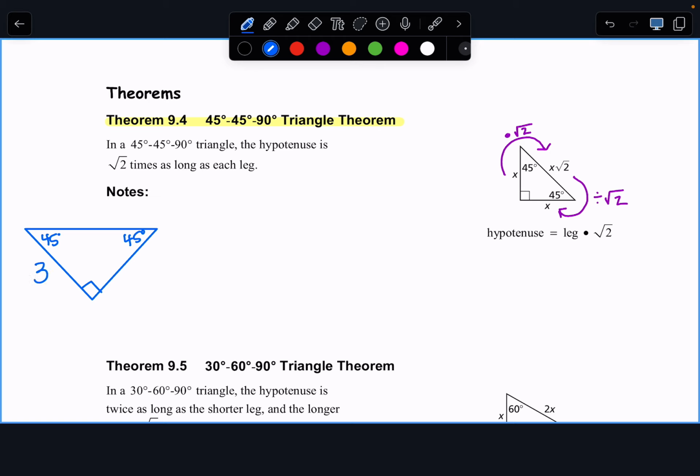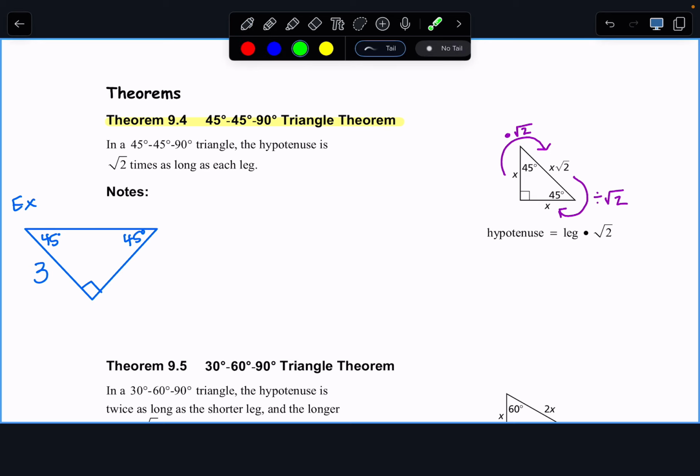Could you please draw this blue triangle? Okay. Is it a 45-45-90? Yes.